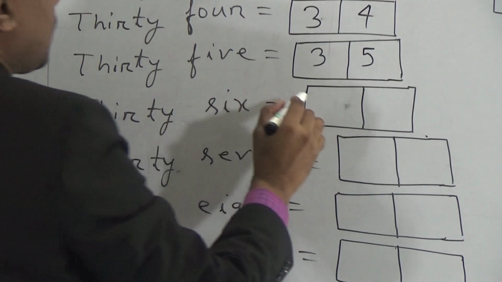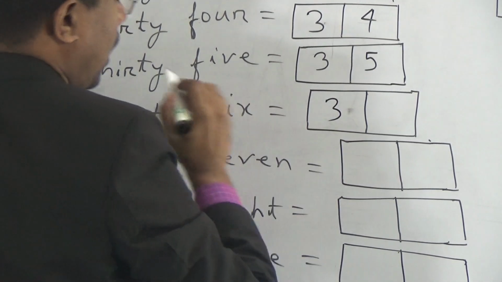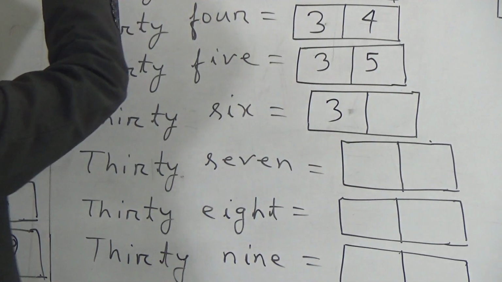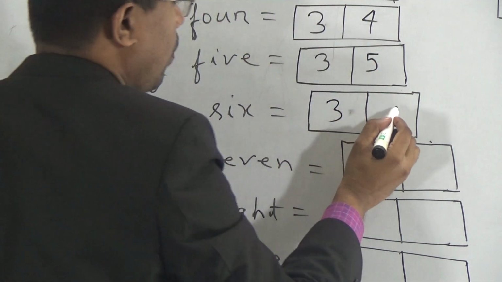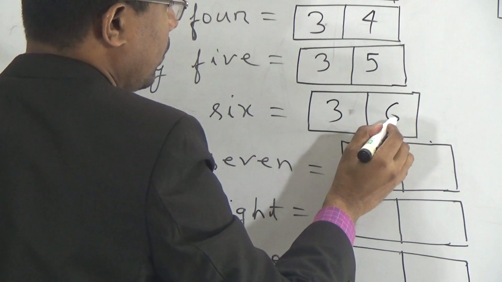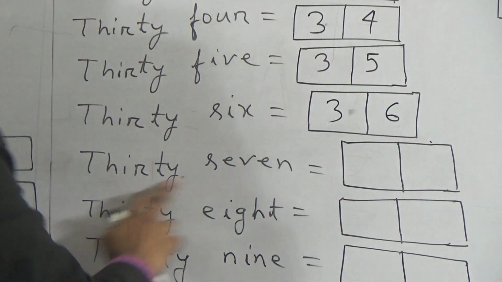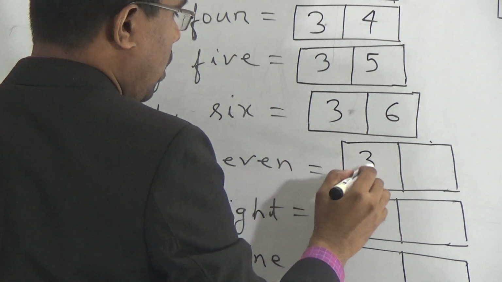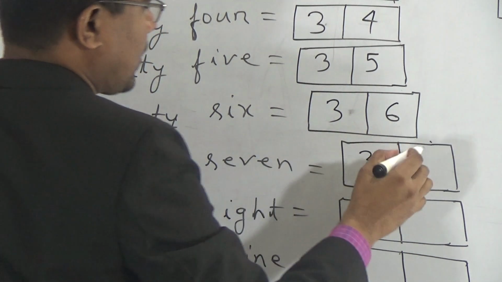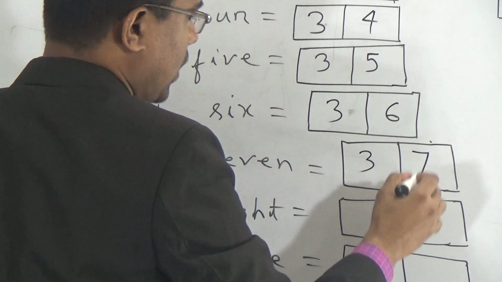Now 36. In tens place we will write 3, and in ones place after 5 here digit 6 exists, so have to write 6 here. Now 37. In tens place we will write 3, and we will write 7 in ones place.